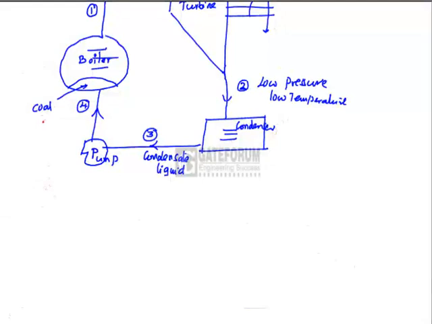Of course, there are oil-fired boilers also, but in the conventional thermal power plants, the fuel is usually coal, pulverized coal. And air is fed into the boiler furnace for combustion of the coal.